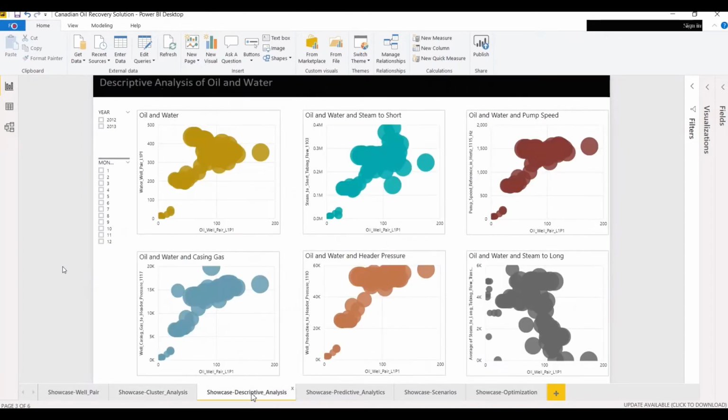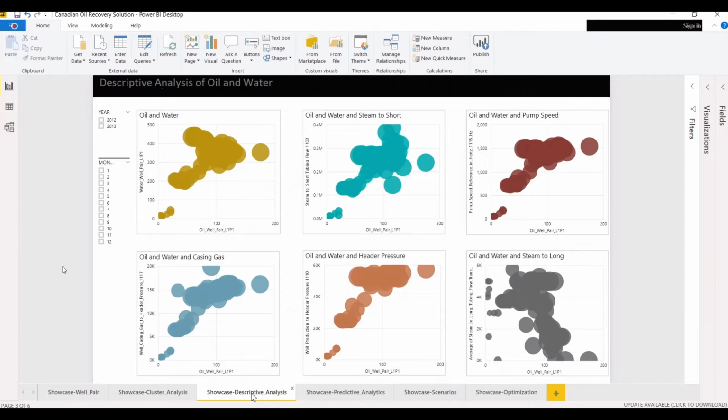Another analysis we display is the correlation between oil and water production. What we are showing to the operator or to the user of our solution is how our water and oil correlate over time.